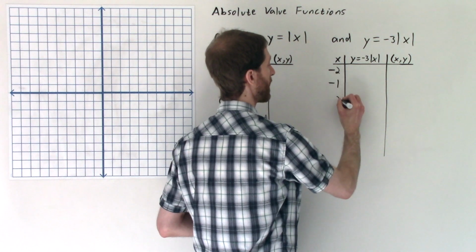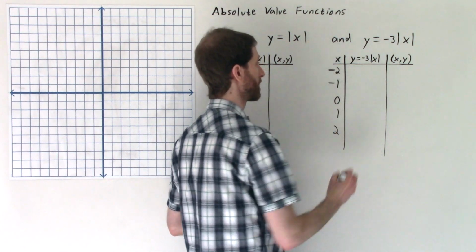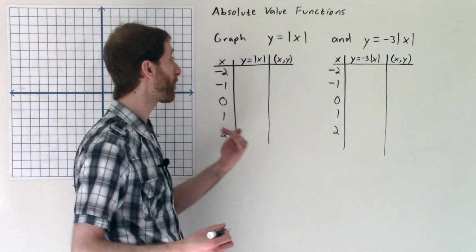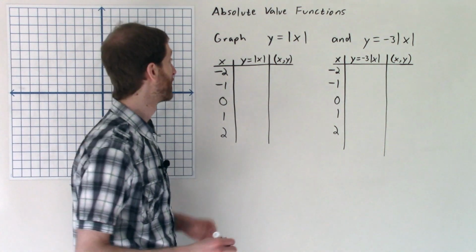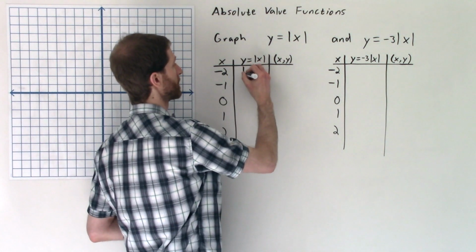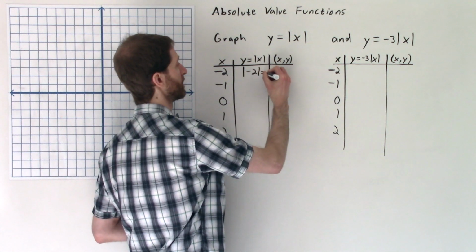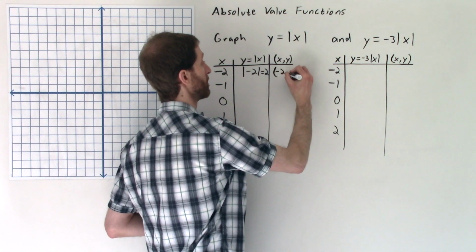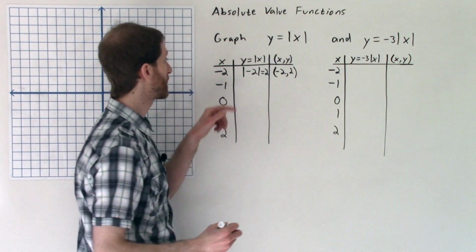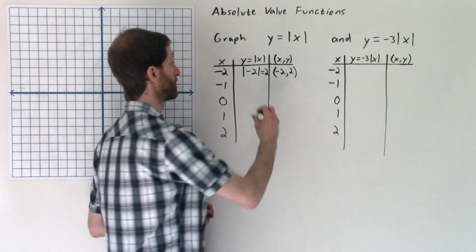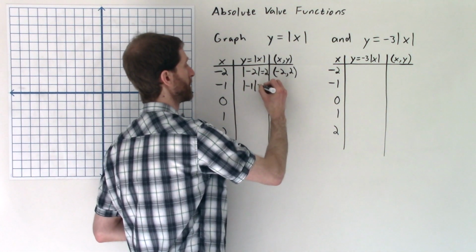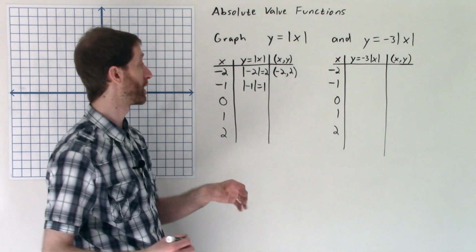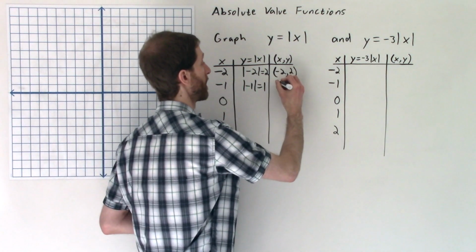All we need to do now is plug in -2 through 2 into our functions, get y values, and plot them. So I'm going to plug in -2. The absolute value of -2 is 2, so our ordered pair is -2, 2. Then I'm going to take -1 and plug it into the absolute value. The absolute value of -1 is 1. Its distance from 0 is 1. So the point is -1, 1.